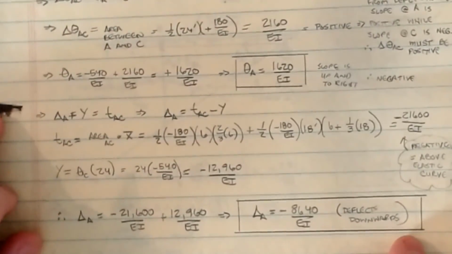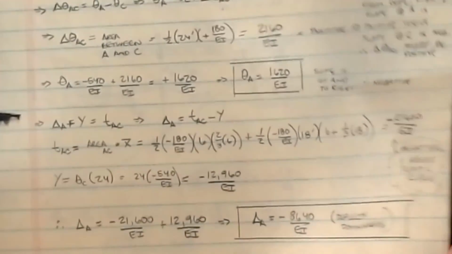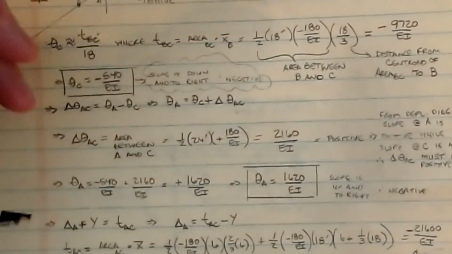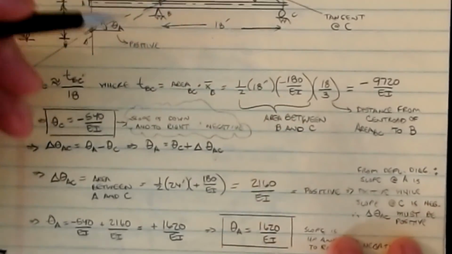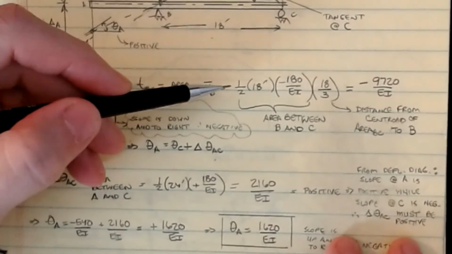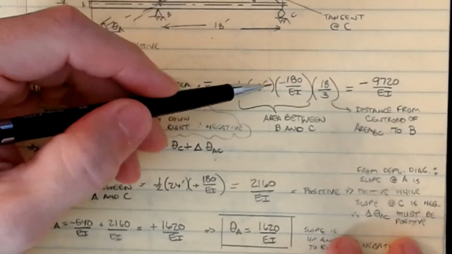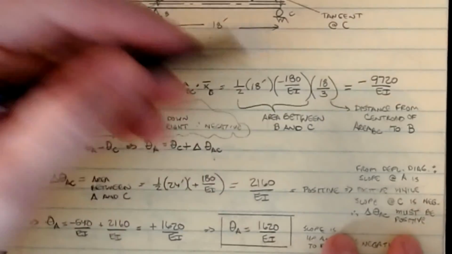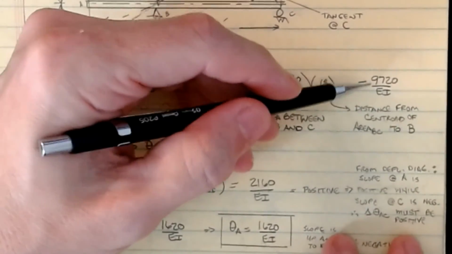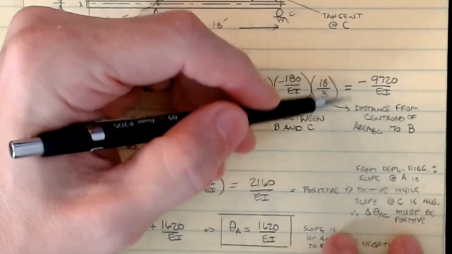Okay, all right. So if we go through and do our calculation, we can see that this is a half times 18 feet times minus 180 over EI. That was the area between B and C, and then 18 over 3 is the centroid. And I do my math on this. This is minus 9,720 over EI.